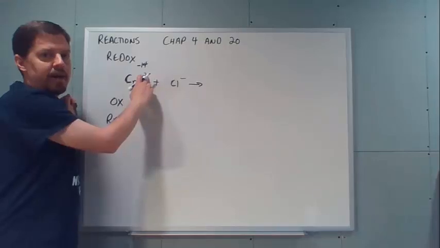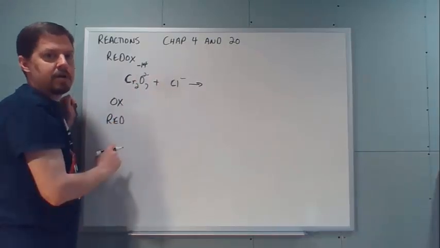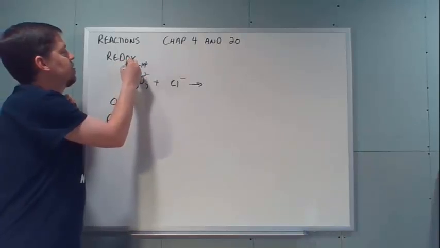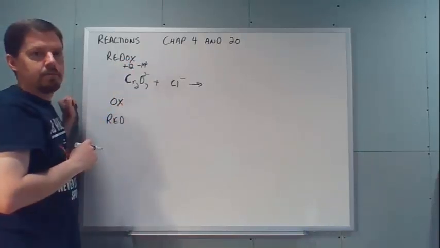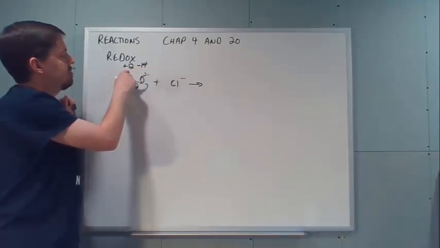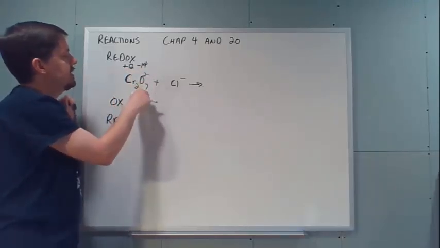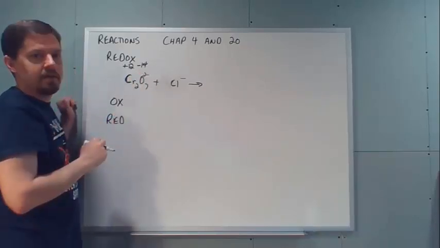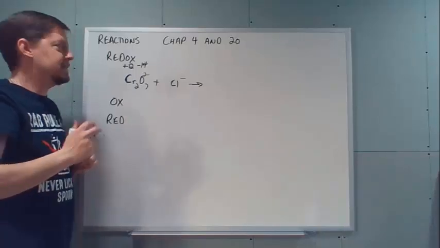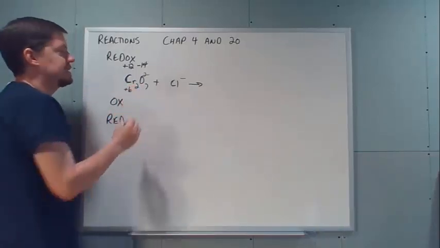Overall, this ion is allowed to be left with a -2 charge. So since the ion has a -2 charge, that means the chromium has to be +12 to make it work out, right? A +12 from the chromiums, the -14 from the oxygens leaves us with a -2. Since we have 2 chromiums to do that, chromium is really a +6 here.